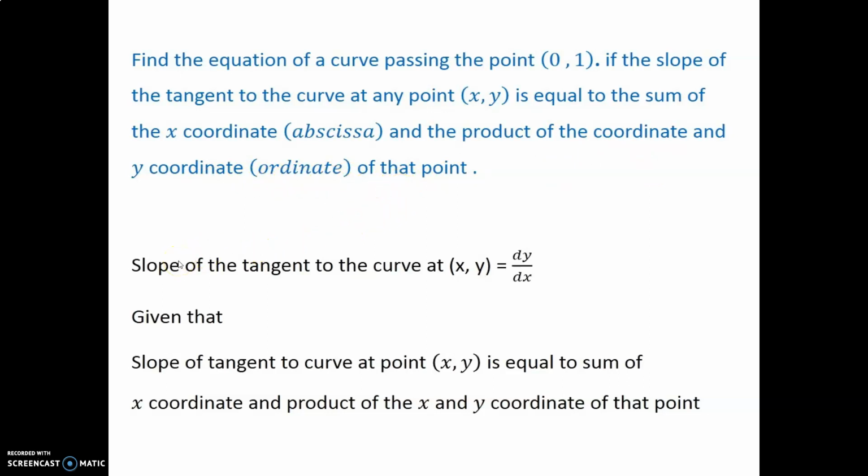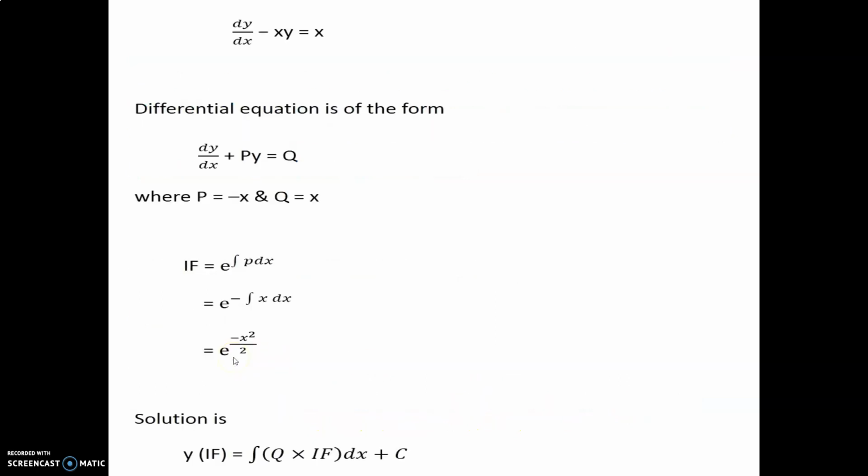We know from the last lecture that the slope of the tangent is exactly dy by dx at any point (x, y). Given that the slope of the tangent at (x, y) is the sum of the x coordinate and the product of x and y, dy by dx minus xy is equal to x is the given equation.